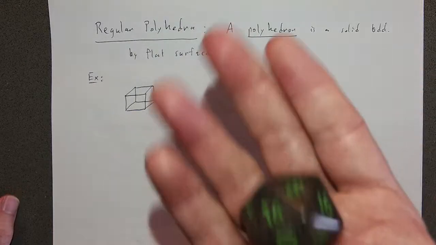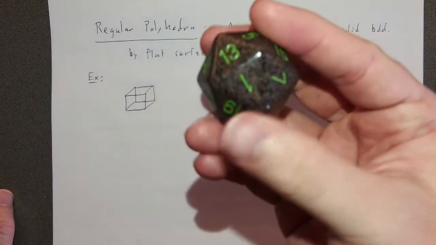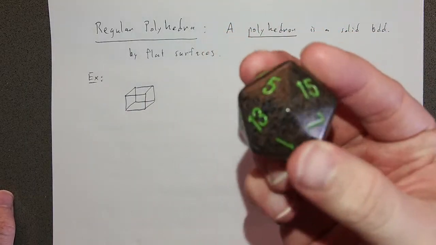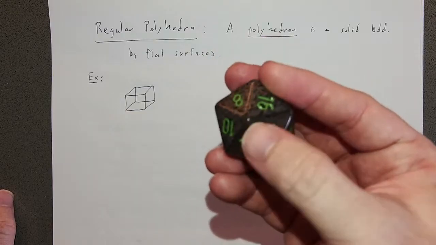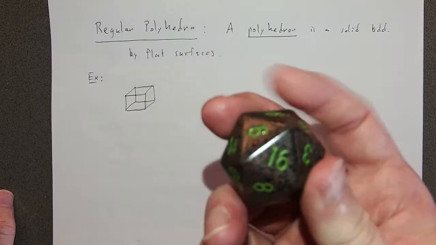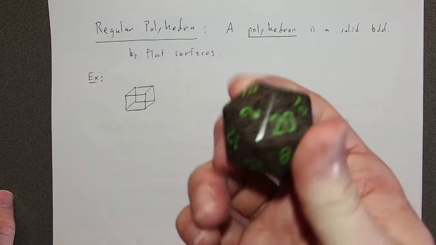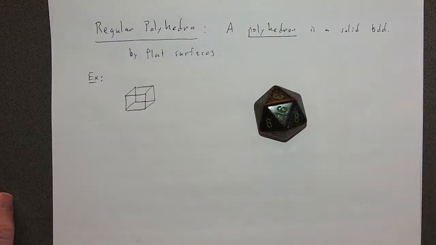This is an icosahedron. So this is a 20-sided regular polyhedron. It's regular because it is made up of regular polygons for each of its faces. Each of its faces are equilateral triangles. So that's another example of a polyhedron.